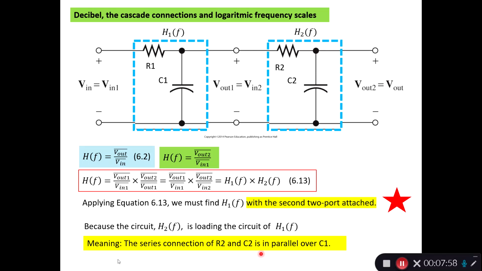So we have to take that into consideration, that we actually have a loaded circuit. So when I find the transfer function 1, I have to consider that transfer function 2 is loading the transfer function 1.